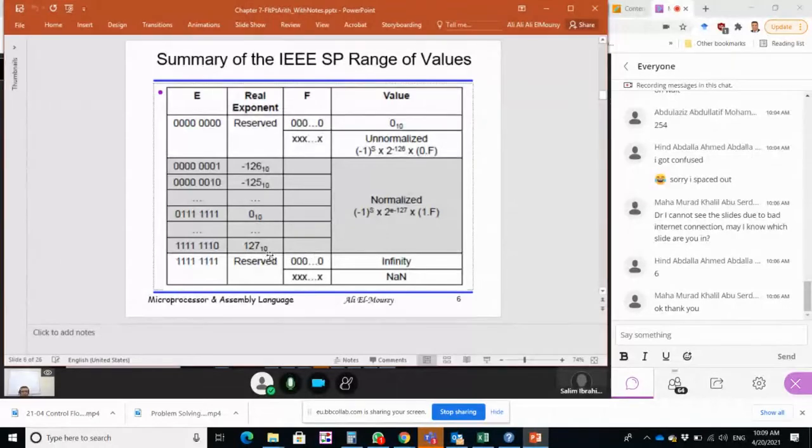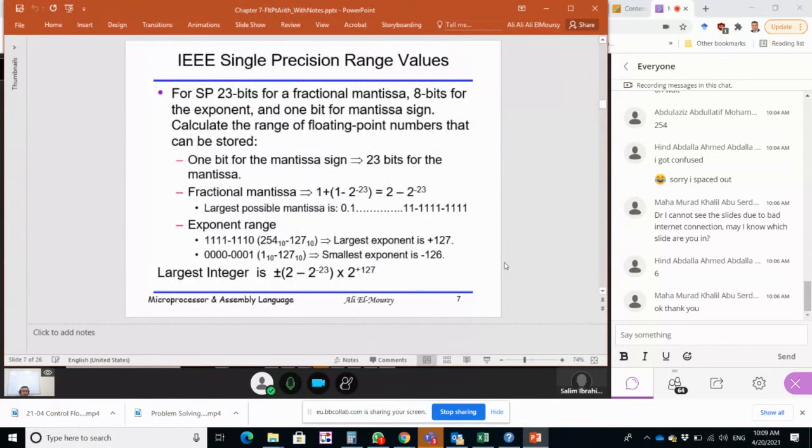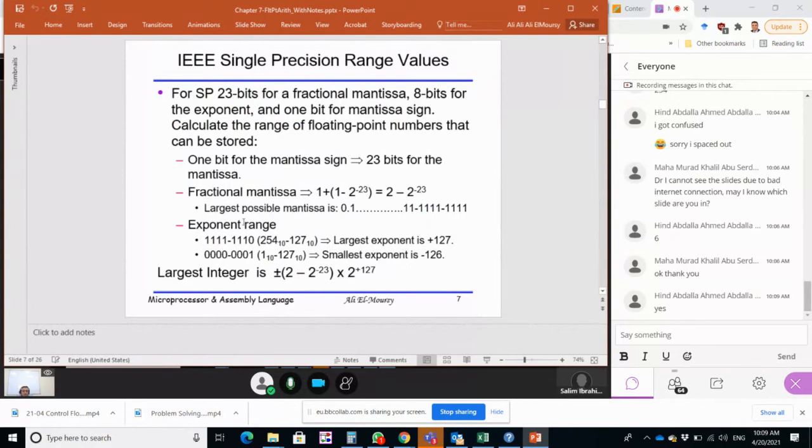Right? The maximum number that can be represented in floating point has the maximum value of the exponent and the maximum value of the Mantissa. Are you following? So what is the maximum exponent? The maximum exponent is 01111111, which we discussed just now. The largest exponent ever is 127.